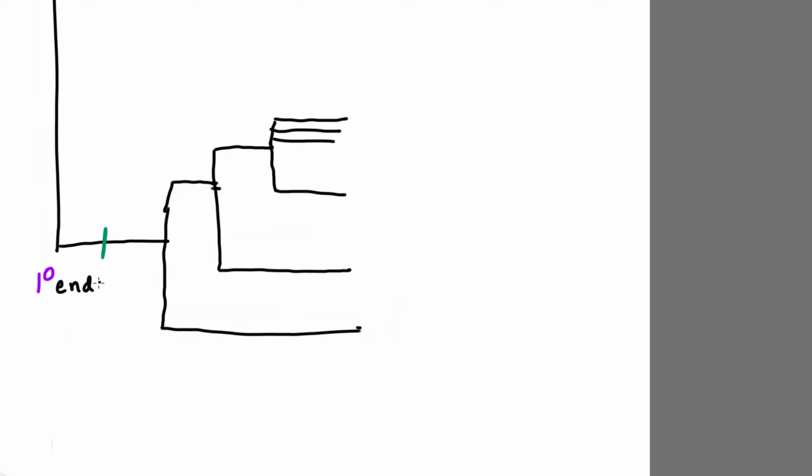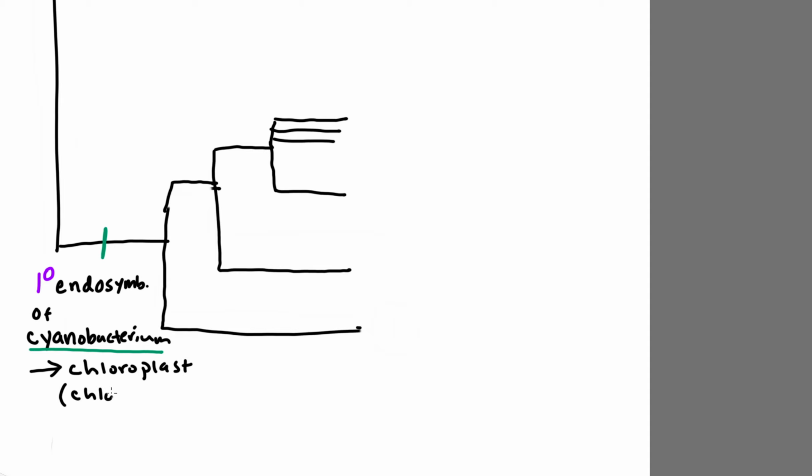I'll just write endosymbiosis of what in this case? Cyanobacterium. And that did not get digested and became chloroplast. The chloroplast brings with it the chlorophyll a.